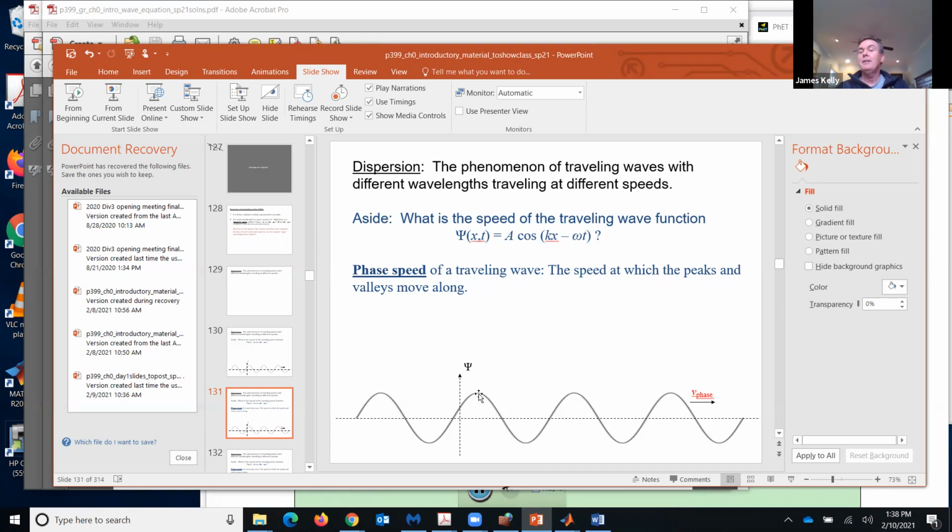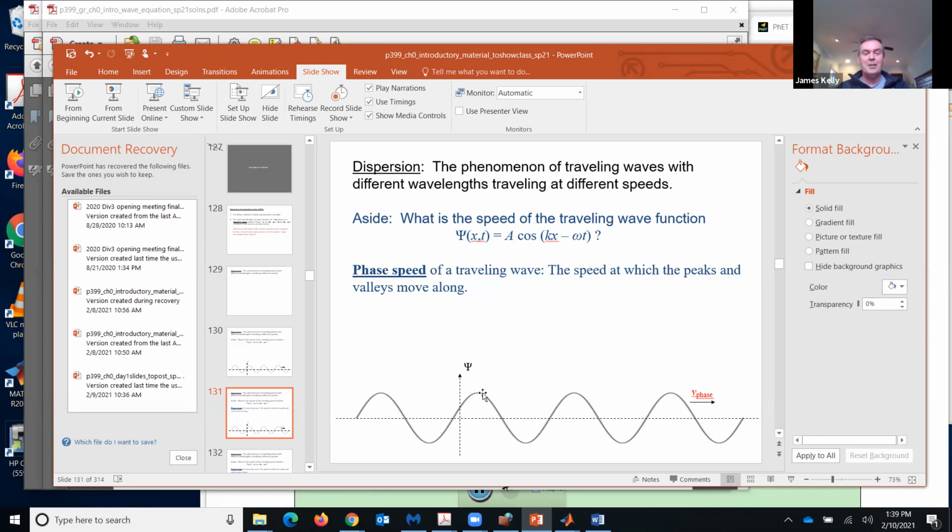Because if I wait one period, that means that if I sit at this location, it would have gone down and up to its same position. And that means that's exactly the amount of time that this peak takes to get over there. So the wave speed is it travels one wavelength in one period.